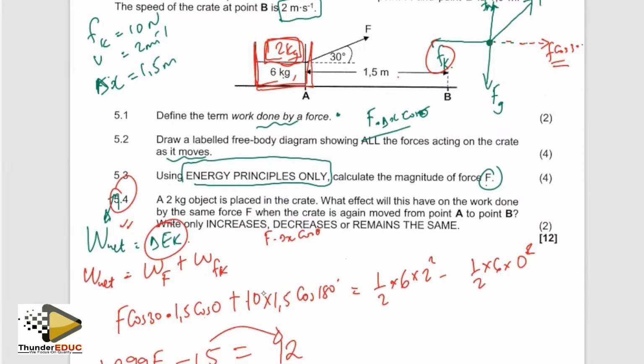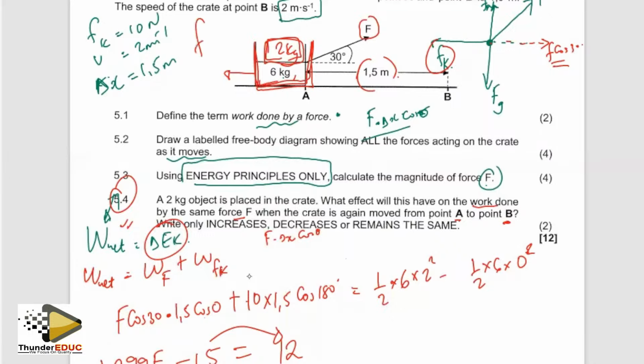What effect will this have on the work done by the same force if the crate has to move from point A to B? So the explanation is, for as long as the force is the same, without the condition of A to B, the distance that will be moved would be smaller. But for us to satisfy the distance of 1,5, a lot of work needs to be done to overcome the frictional force.